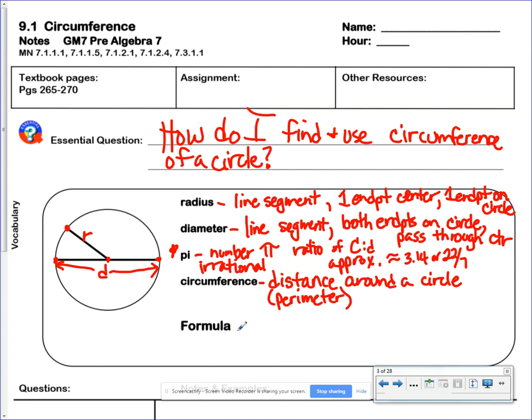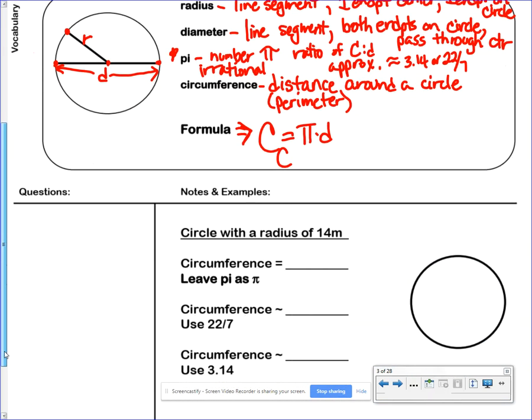approximation. Our formula for circumference looks like this. Capital C equals pi times diameter. That's how you're going to see it on your formula sheet for your Minnesota Comprehensive Assessments. And sometimes you might see it written this way: 2 times pi times the radius, or just 2 pi r.